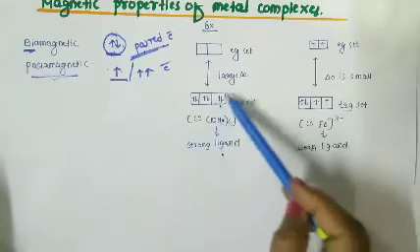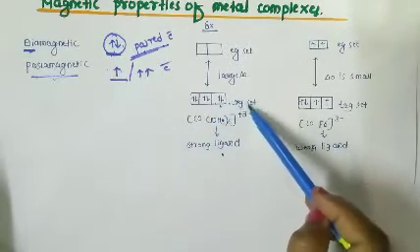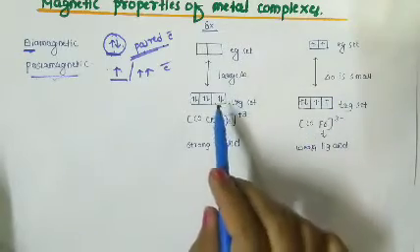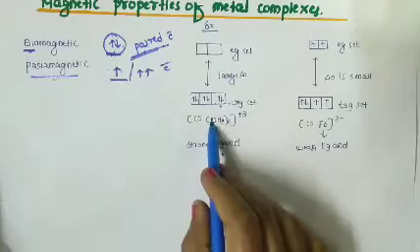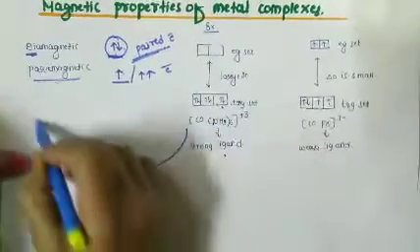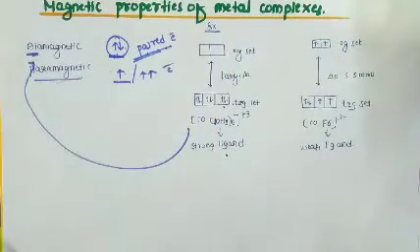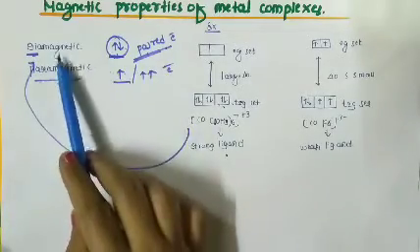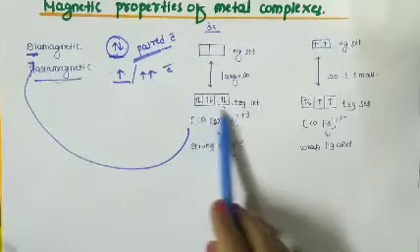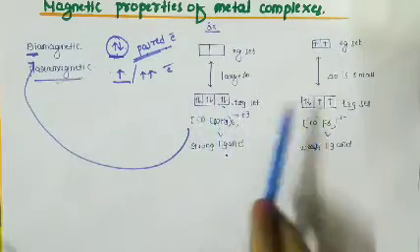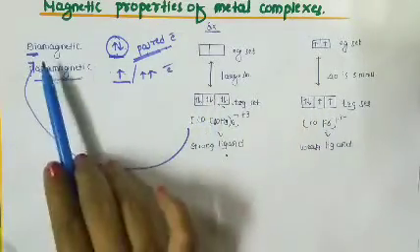All 6 electrons occupy the t2g set only. Hence there are no unpaired electrons. No unpaired electrons means it shows the diamagnetic property, because diamagnetic property means it contains paired electrons. Here all the electrons are paired, there are no unpaired electrons, so it shows diamagnetic property.